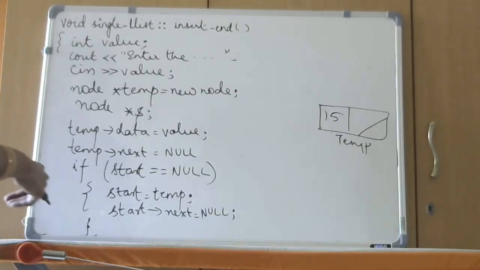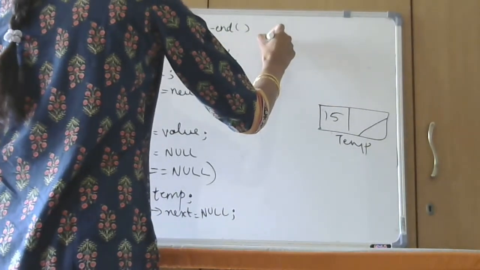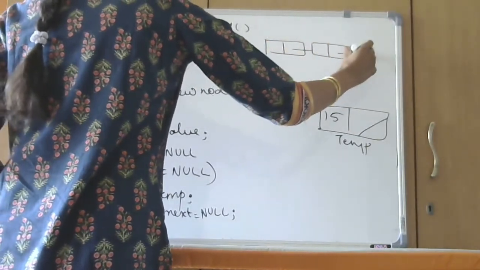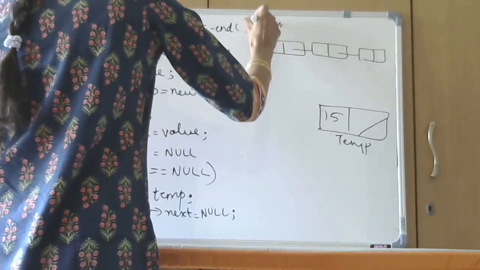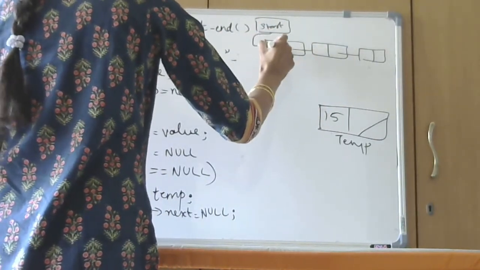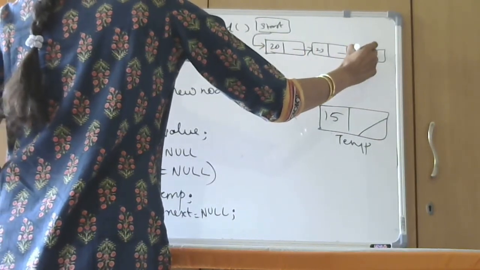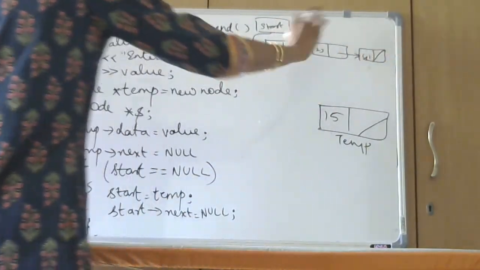Okay. Next, else. That means if the linked list is not empty, I have a start pointer. This is pointing here. I have some elements. This is how my linked list looks.